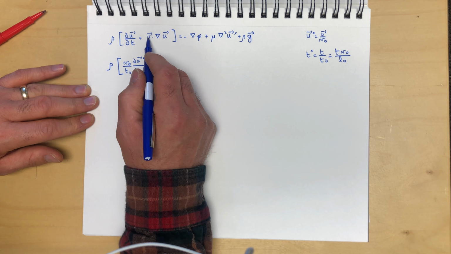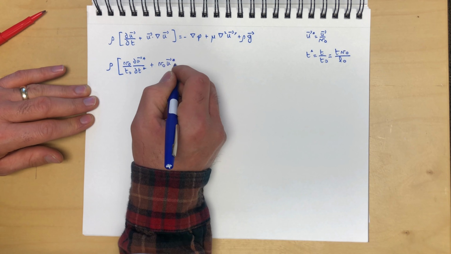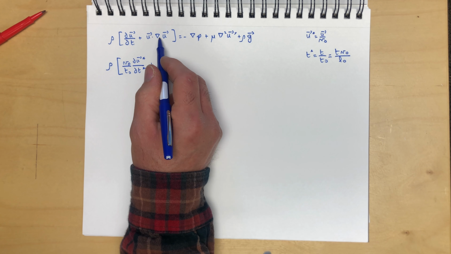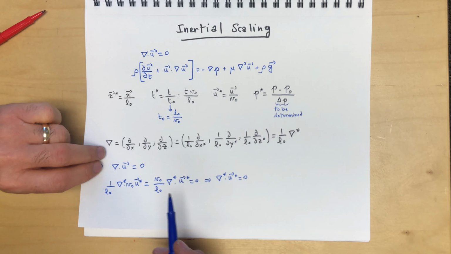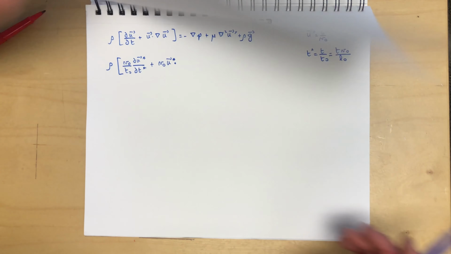Plus, what do we have here? u is V0 u star dot, what is nabla? Remember, nabla was equal to 1 over L0 nabla star.